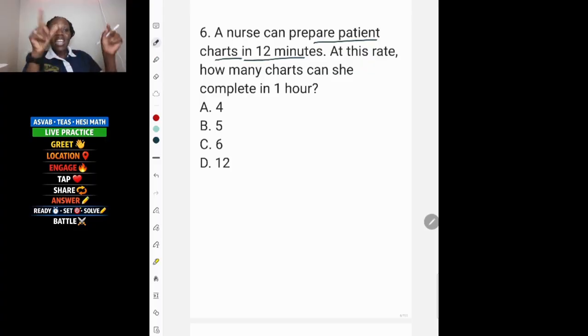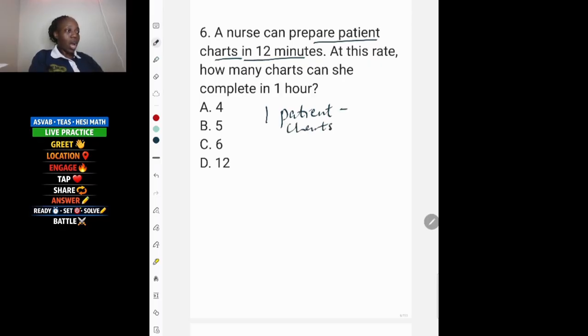They did not generalize. It doesn't look like double charts here. They said patient, they didn't make it plural, for 12 minutes. So we just say one patient chart. How many minutes? 12 minutes to prepare it.